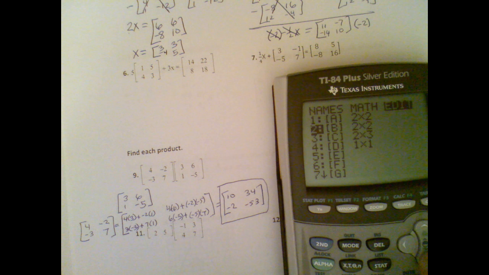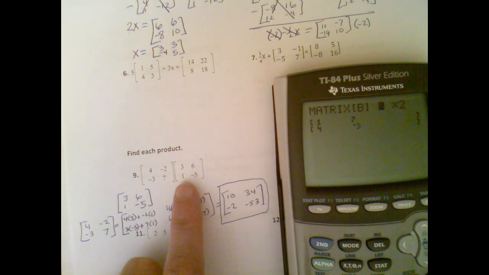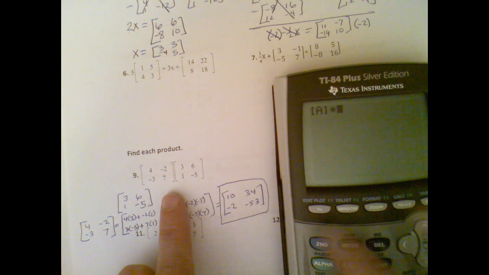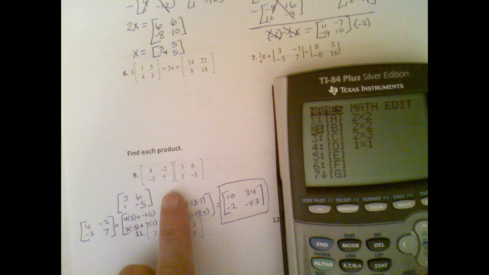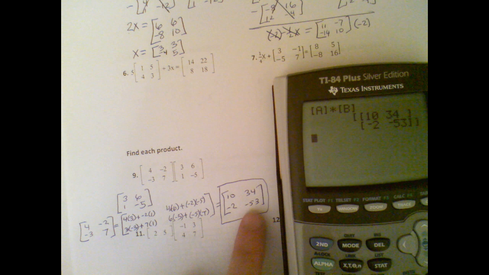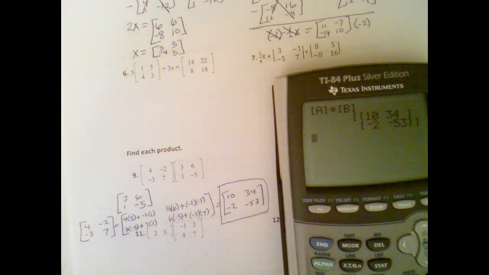And then we're going to type in the second matrix under B. And then we're going to type in matrix A times matrix B. And notice then we get 10, 34, negative 2, and negative 53. So for multiplication, you may choose to do it by hand or using the graphing calculator.